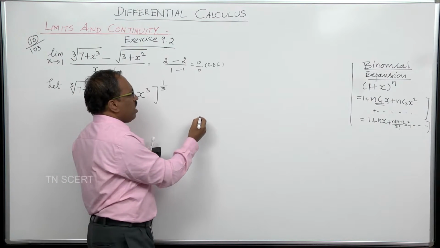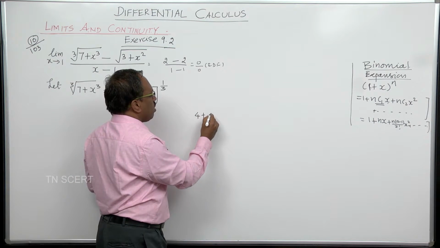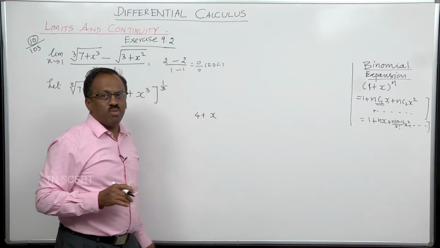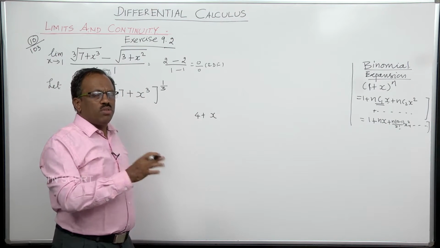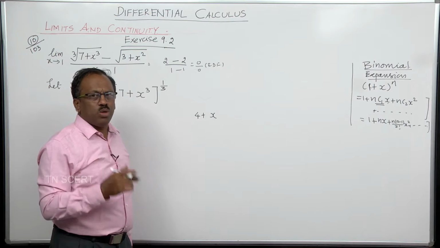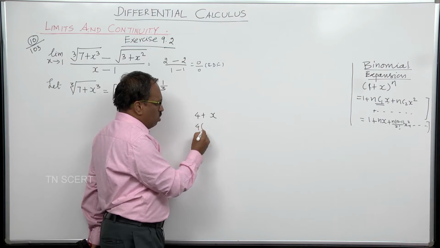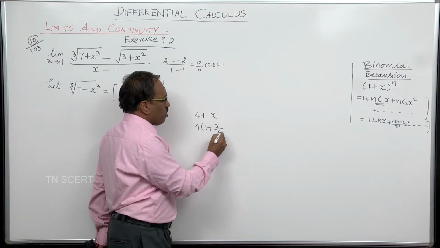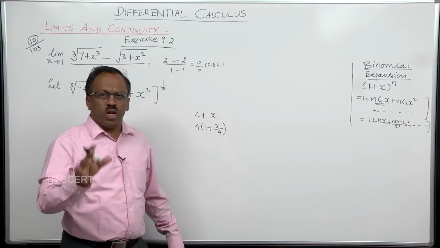For example, if I have 4 plus 2x and I wish to have it as 1 plus x, what do you do? 4 bracket 1 plus x by 4. This is the normal process for any problem.